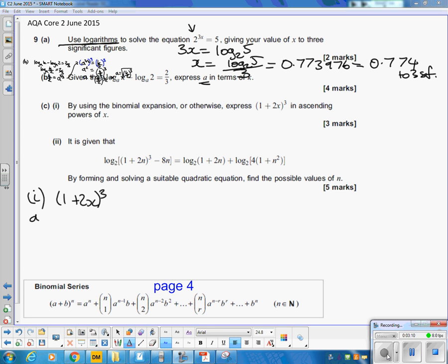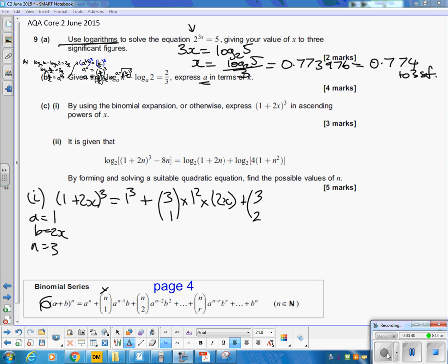So in this case, if you have a look here, we've got a equals 1, b equals 2x, and n equals 3. So we start off by doing a to the power of n, so that's 1 cubed, and then we just follow the pattern. So we start out with 3c0, 1, then times 1, power goes down on a, and now we introduce b, which was 2x, plus follow the pattern.